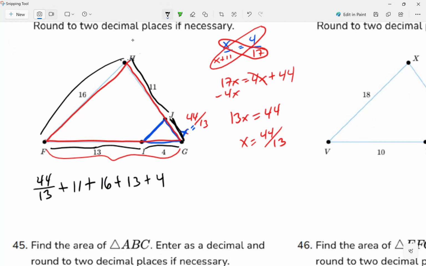So that's what I'm going to write here: 44 over 13 plus 11 plus 16 plus 13 plus 4. Use your calculator.